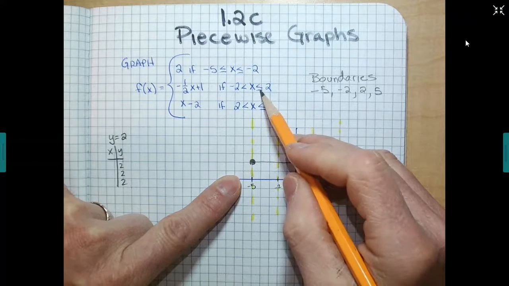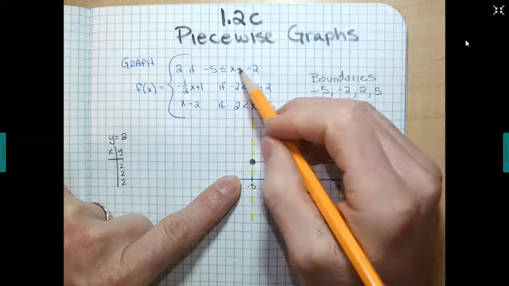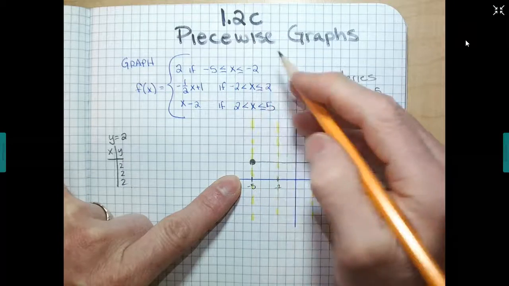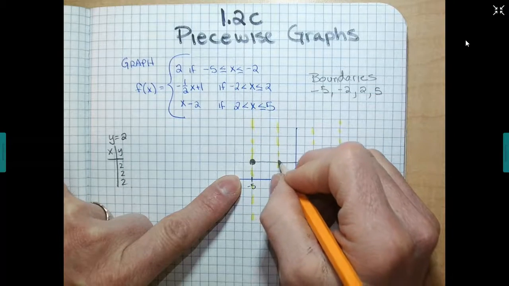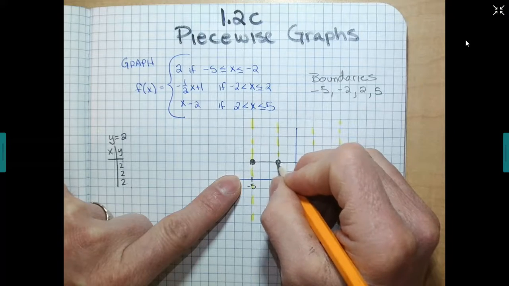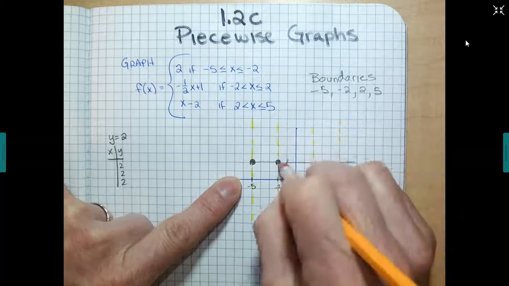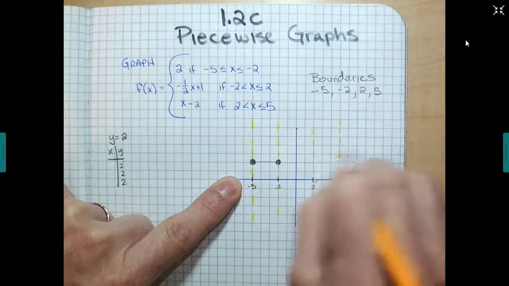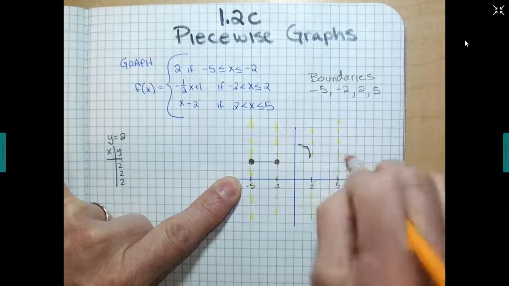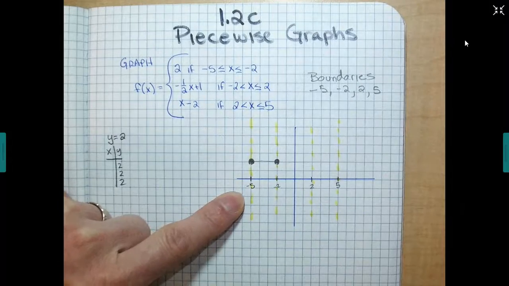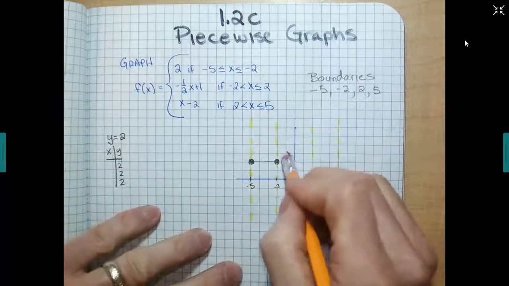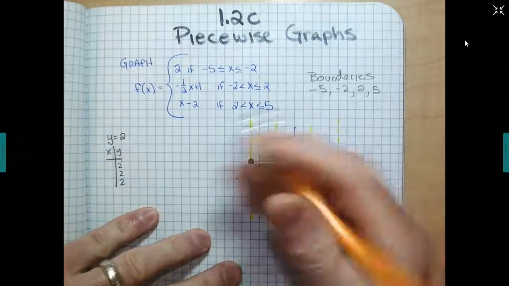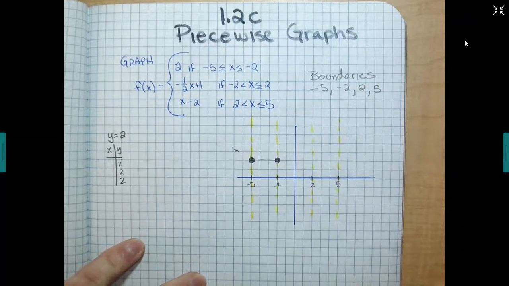But x is less than or equal to -2, and it's also equal to that one. So I can erase all the rest of this line, if my eraser were any good. So I think we can see that right there. So there's our line.